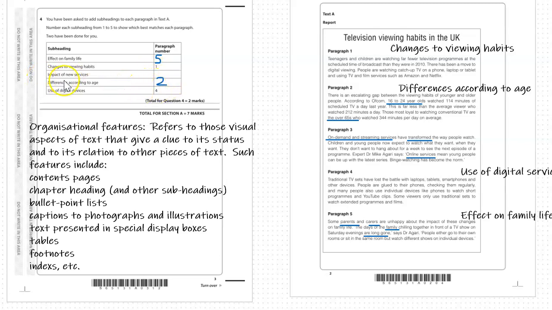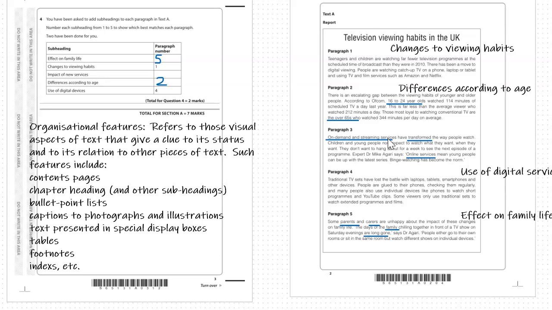Okay, one left, impact of new services. So we think if we've done this properly, this is number 3, but let's have a look in number 3 just to check it out. It's worth double checking. Obviously in a test you can always change your mind. Sometimes you see that with a bit more evidence. Impact on new services. So paragraph 3, on demand and streaming services. So they are new services. They are services.